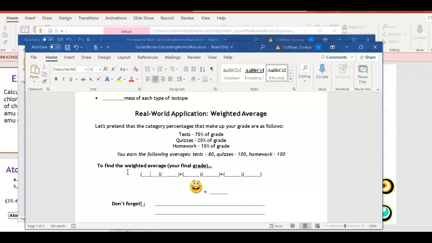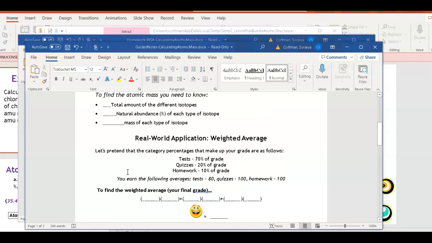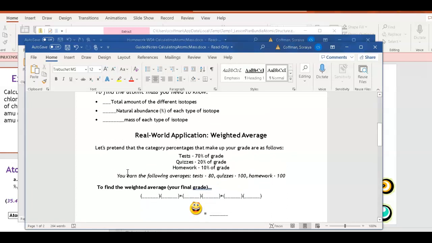So if I look at these statistics and I got a test score of 80, 100 for my homework and 100 for my quiz, I can roughly guess. Most kids have said about 84. Some have said 88. I had one kiddo say 75 and they go, whoa, that's not right. So if we look at this, it's going to correlate very easily. I'm going to go through this quickly so I can do an example.